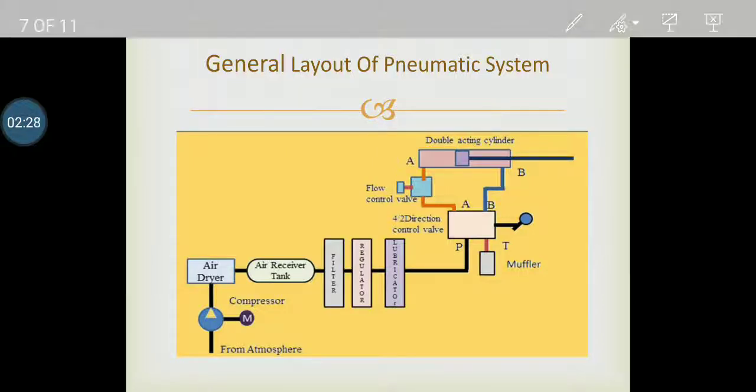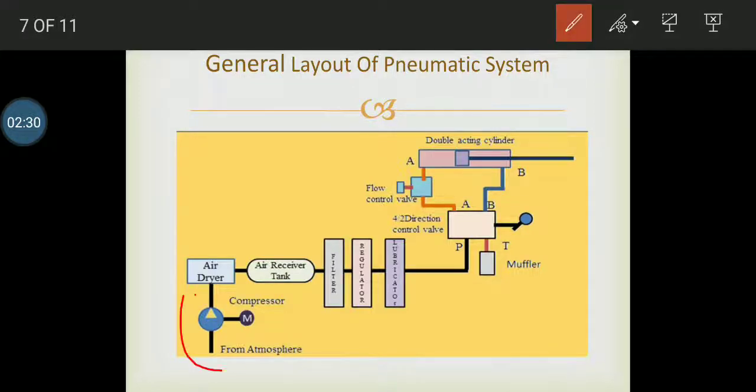The general layout of a pneumatic system consists of air from the atmosphere as a medium, which then passes through a compressor, which compresses the air and gives it pressure energy so that it can be used for further processes. Once the air pressure energy has been generated, it moves to the air dryer.